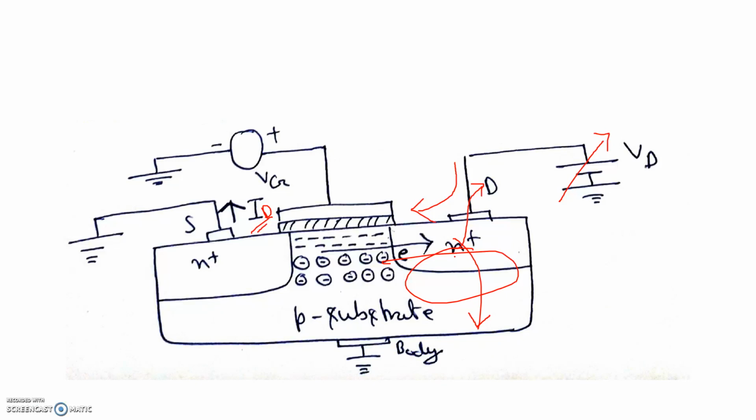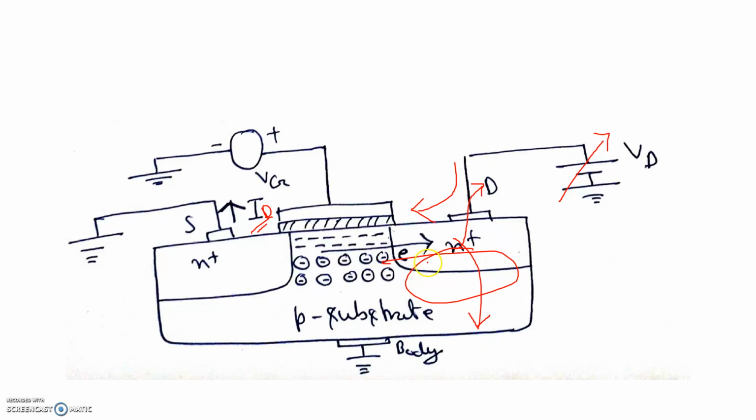So basically, due to avalanche breakdown there is a high amount of formation of electron hole pairs in the drain. So as a result, two effects will be there. One is ID or drain current will increase because electrons will come out of the drain terminal. So in the opposite way we can say current will enter, because the current flow direction is the reverse of the electron flow direction. And moreover, one more thing will happen.